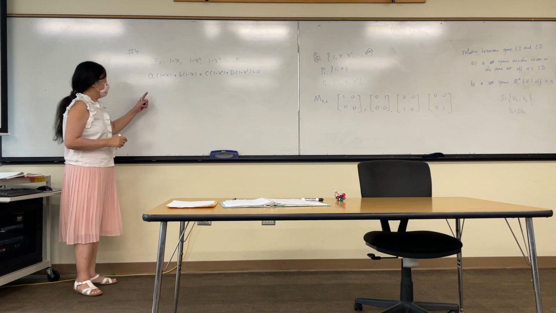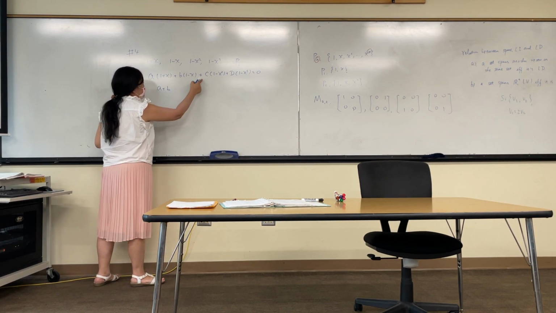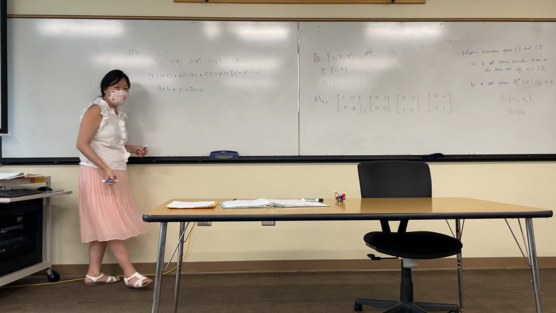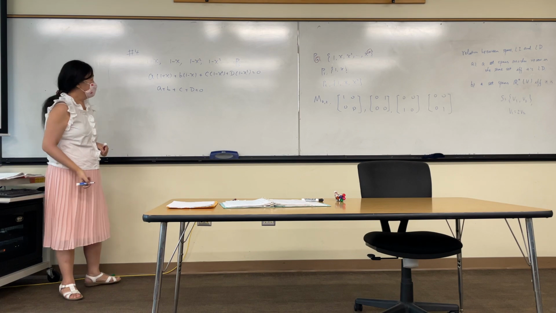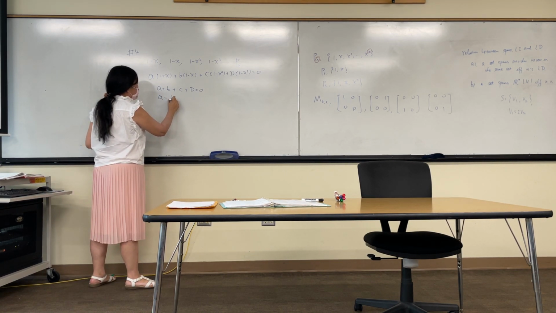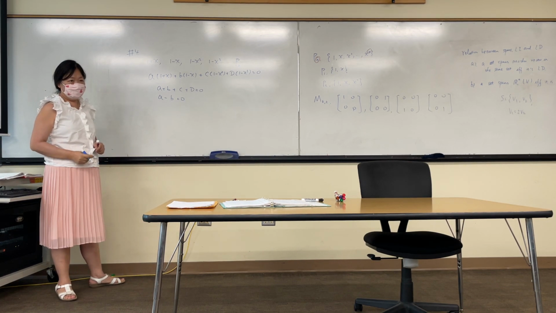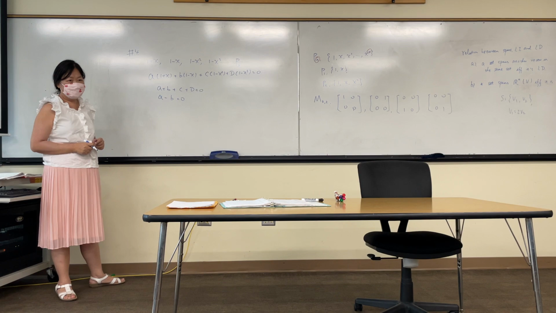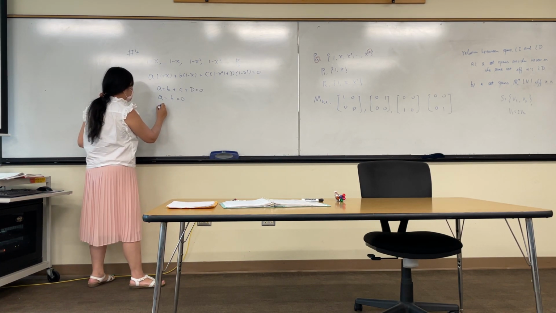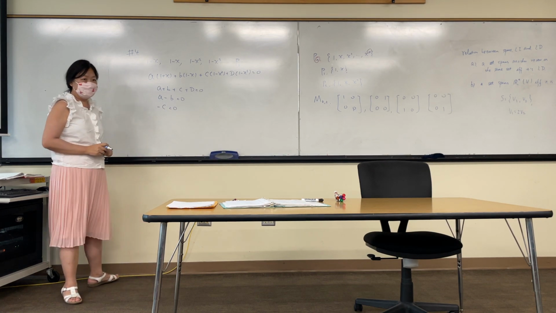So what do you think? Here's A plus B plus C plus D equals 0, is that right? Yes? And then for the x, A minus B equals 0. You follow me here first? What about for the x squared? Negative C equals 0, right?